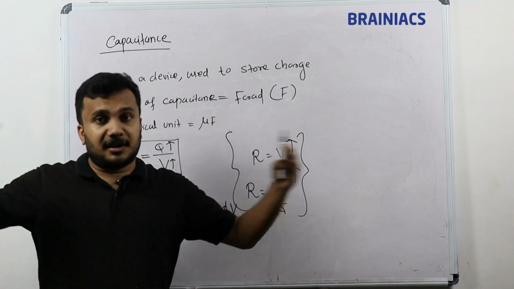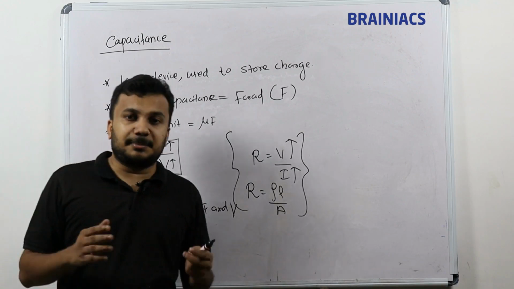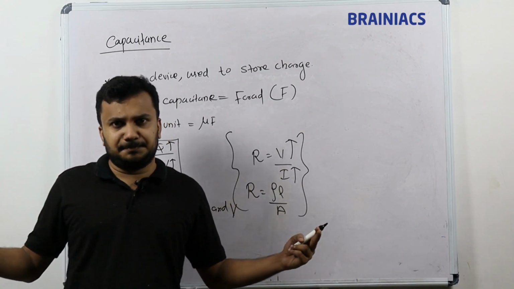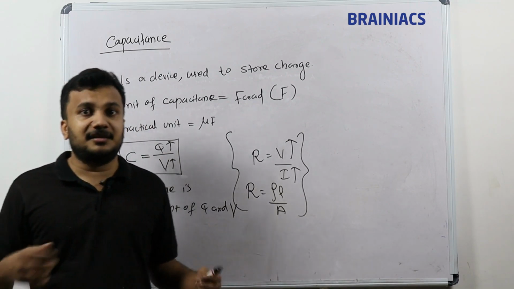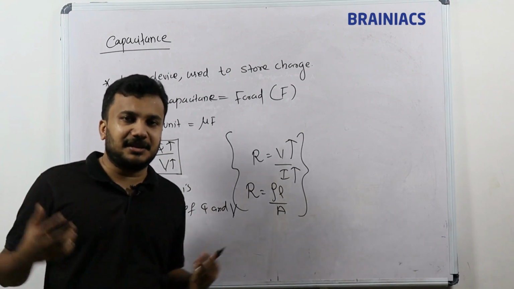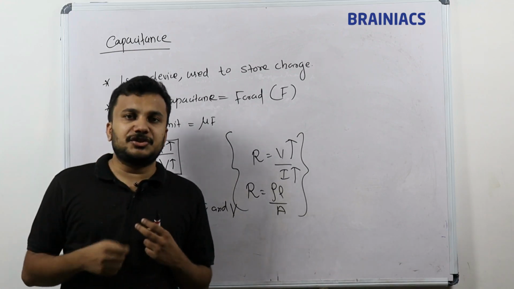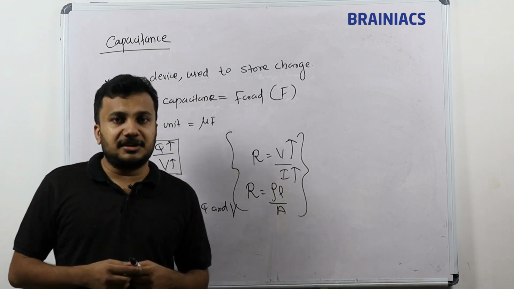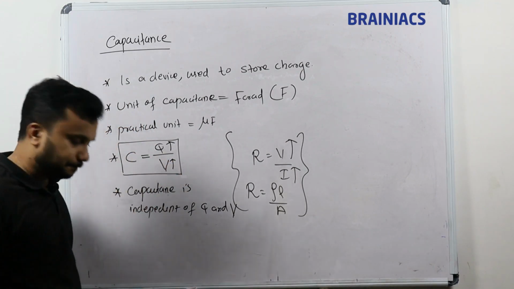For a bigger conductor B, its capacitance is also fixed, but it can be altered by changing its length, its area, etc. If you change such physical parameters and dimensions, the capacitance will change. That is the whole concept behind this part.